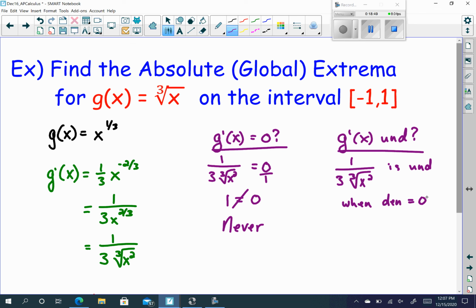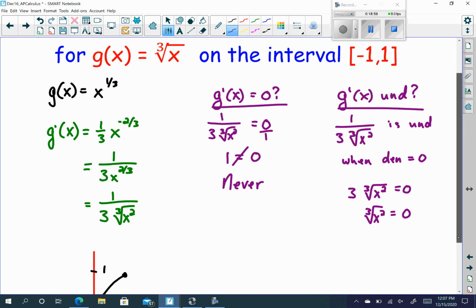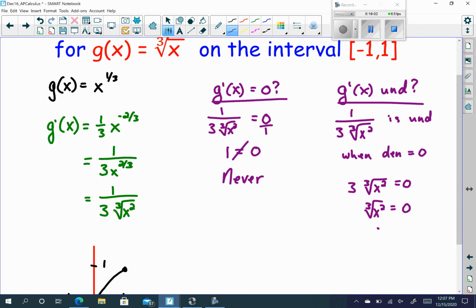So we just set 3 times the cube root of x squared equal to 0, which just means the cube root of x squared is going to equal 0 if I divide both sides by 3. So the only way we're going to get a 0 here is if x is equal to 0. So we only have one critical number.